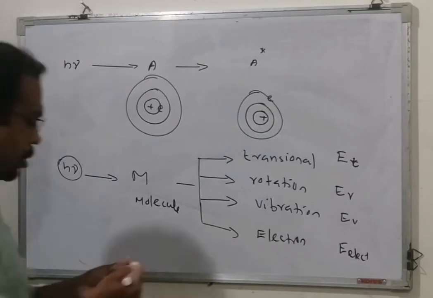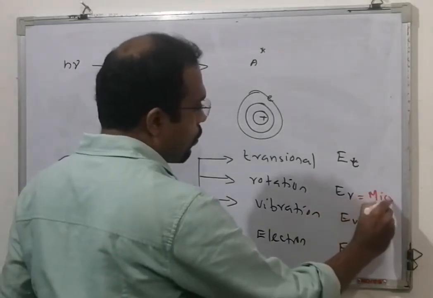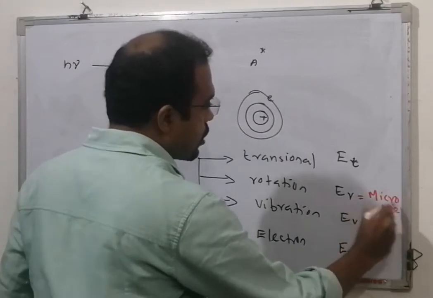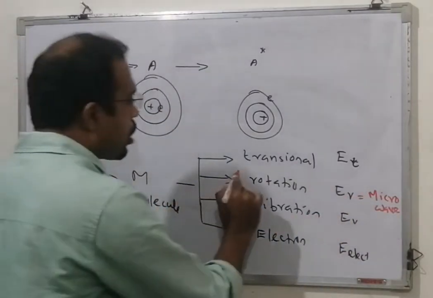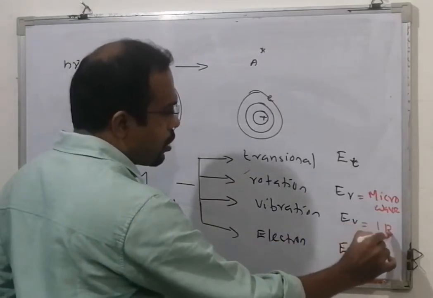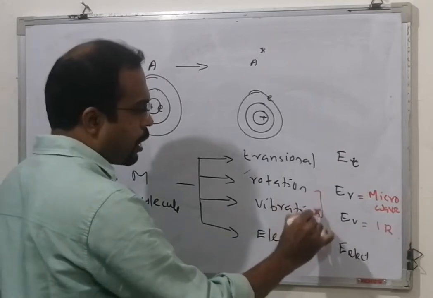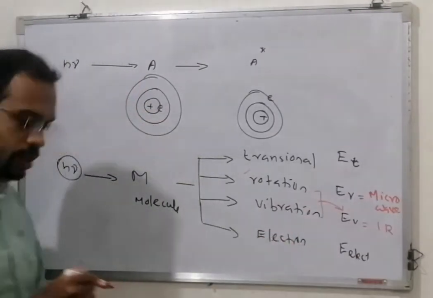Normally, rotation happens in the microwave region. Suppose the photon is from the microwave region, rotation happens. If it is in the IR region, rotation as well as vibration both happen.